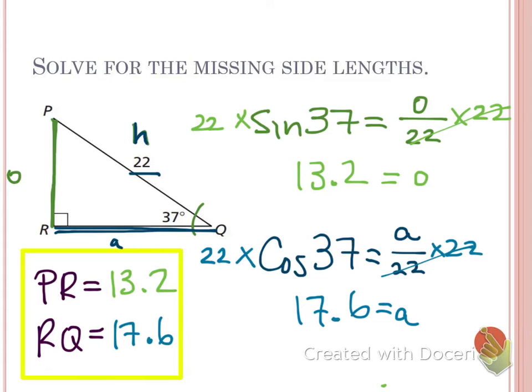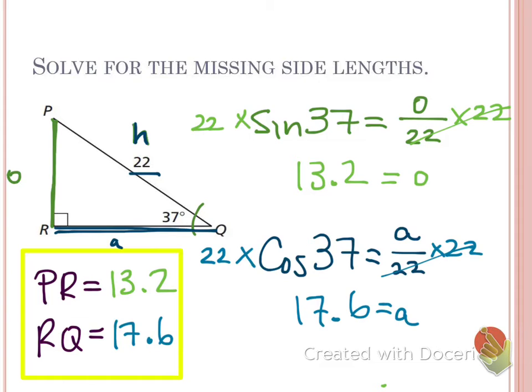So anytime you see solve the right triangle, you're finding three things because they're going to give you three things. So if this question said solve the right triangle, we would have solved for everything except for one piece of information. So it had two missing sides. What else did it have missing? An angle.